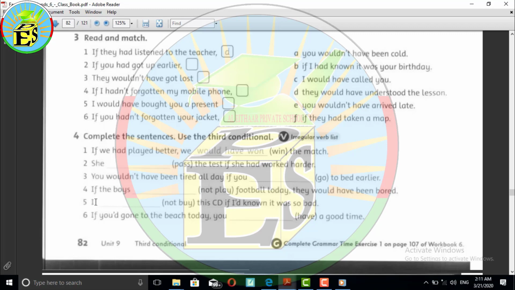Number 5. I wouldn't have bought this CD if I'd known it was so bad. Excellent, I wouldn't have bought. Right here, wouldn't have bought. You are excellent today.